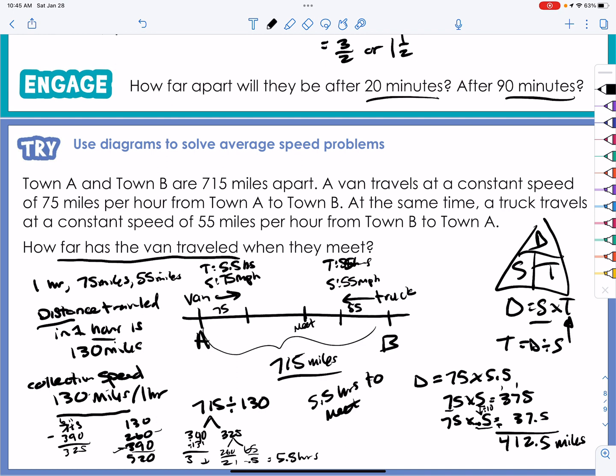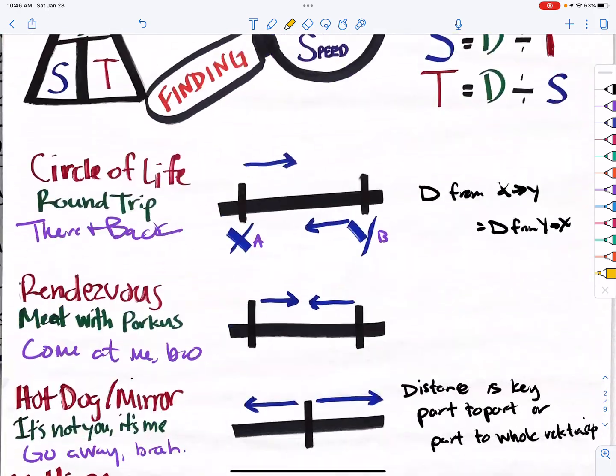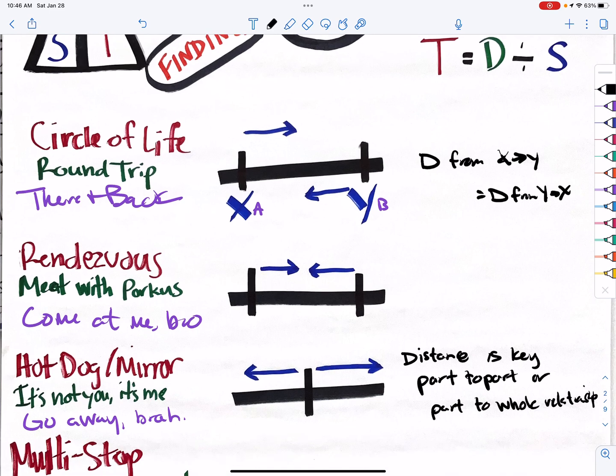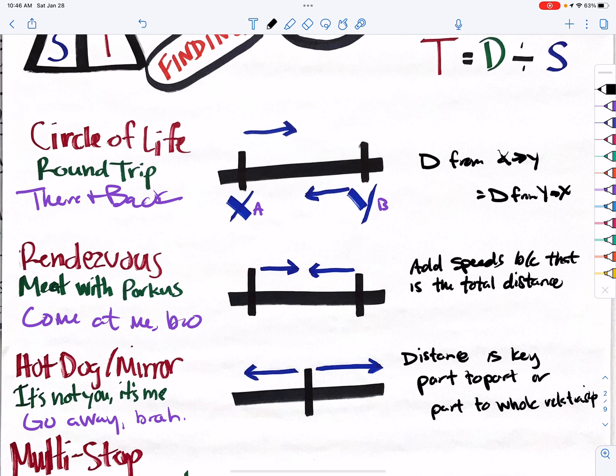But the piece that unlocks that is the idea of collective speed, or collective distance. You need to add the speeds, because that is the total distance traveled in 1 hour.